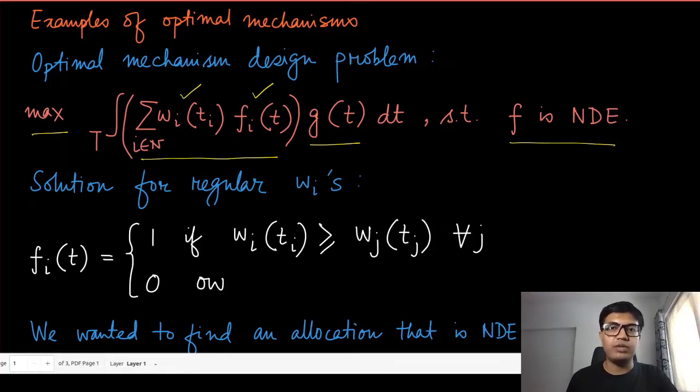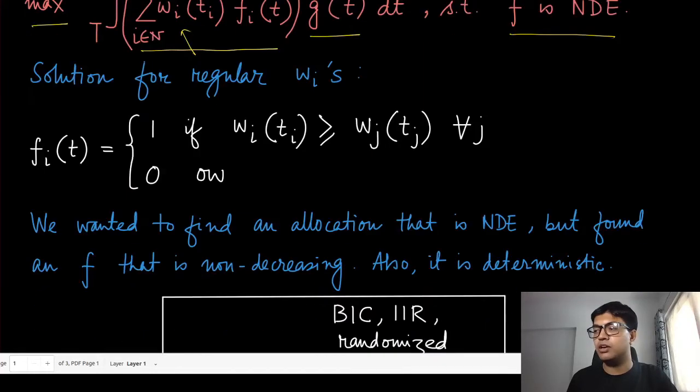And we have found that under a mild enough assumption of regularity, which is satisfied by most of the distributions that we will be dealing with, the solution happens to be relatively simple. So the agents now, instead of looking at their types directly, we are looking at their virtual types or the virtual valuations, and the object is allocated to the agent whose virtual valuation is the highest, and all the other agents do not get that object.